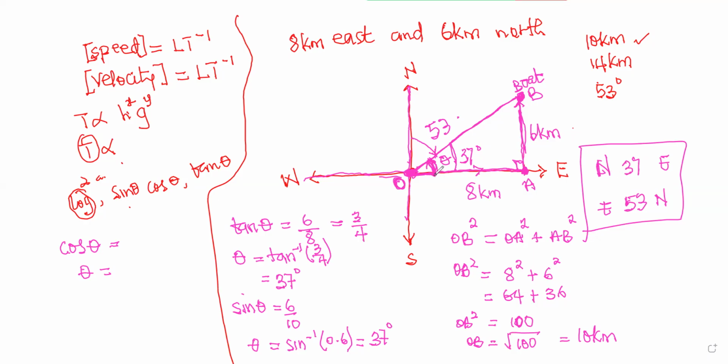Either you turn through 37 degrees north of east, where you stand at the east and turn to the north, or 53 degrees east of north. Class, are we okay here? Yes, sir.